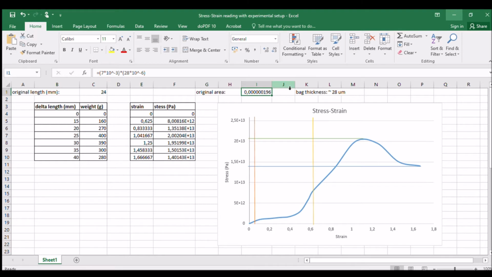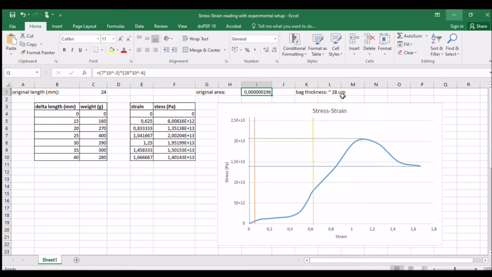So the 7 millimeters I've taken into account for the width of the thin strip where it was necking out. So that thin neck area was 7 millimeters wide.